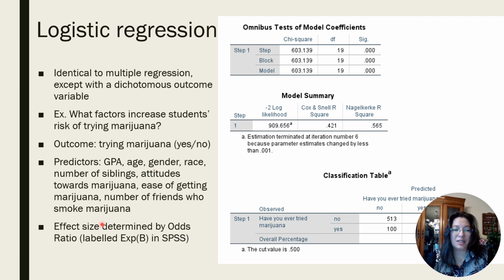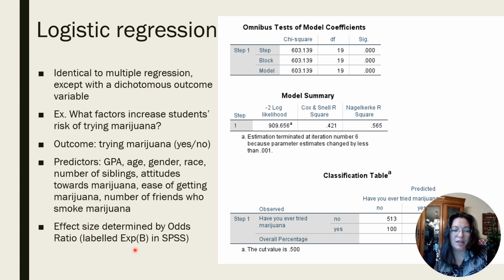The predictors I'm going to stick in are anything related to marijuana use and demographics such as GPA, age, gender, race, number of siblings, attitudes towards marijuana, ease of getting marijuana, number of friends who smoke marijuana.